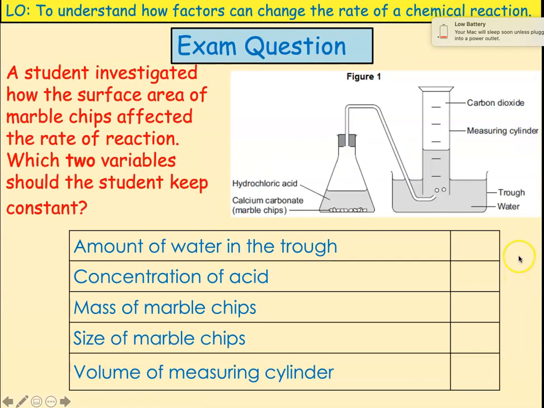A student investigated how the surface area of marble chips affected the rate of reaction. Which 2 variables should the student keep the same? Yes, they should keep the concentration the same and they should keep the mass of marble chips the same.